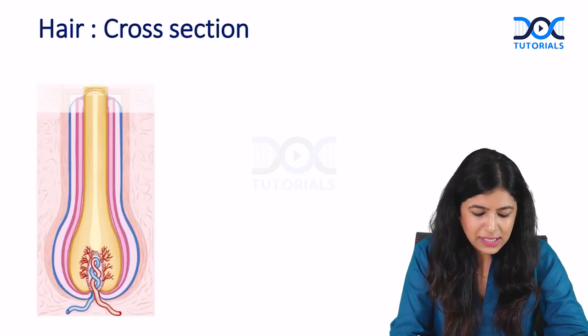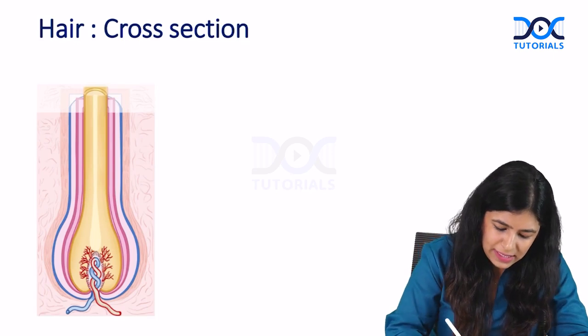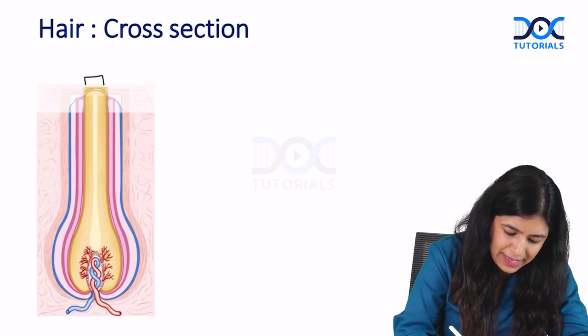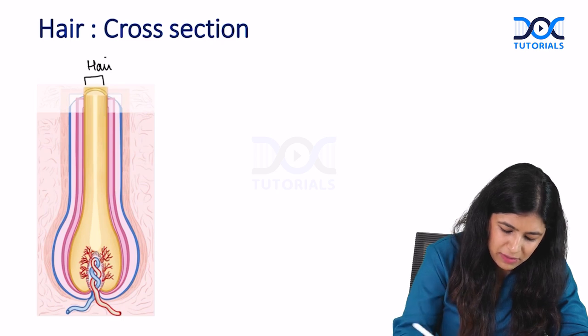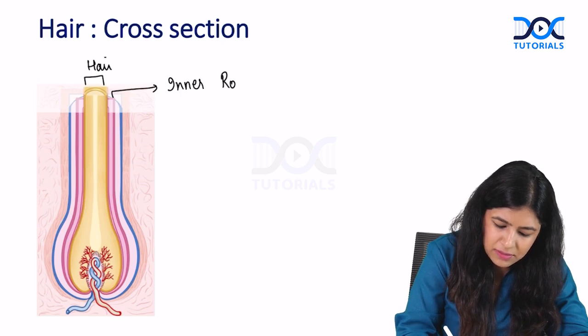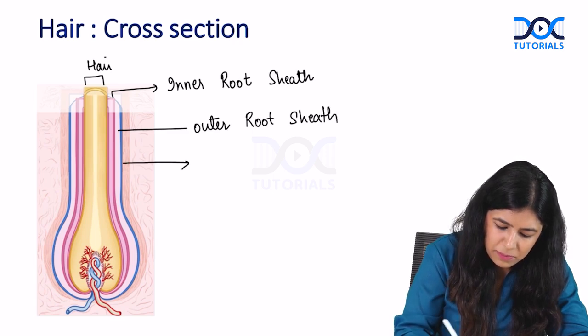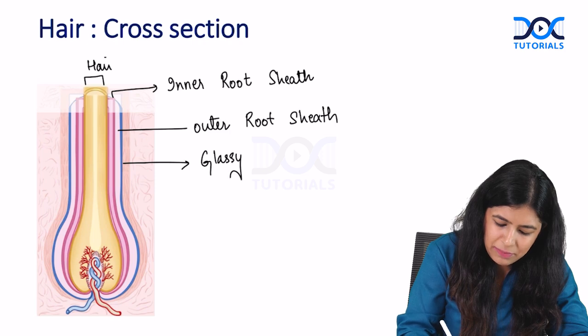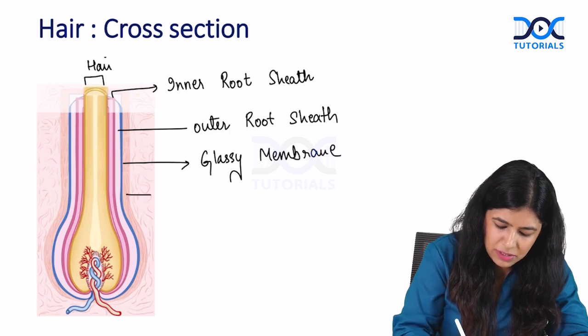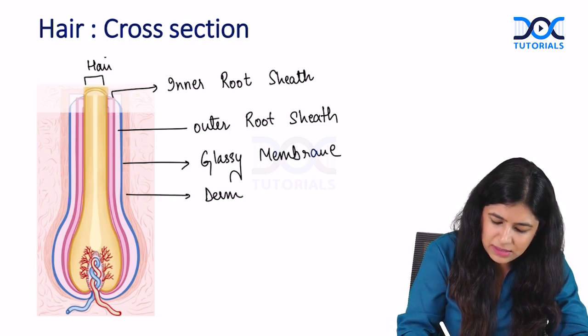Now coming to the cross section of the hair. So when you see the cross section, here is the hair. Outer to the hair is the inner root sheath, and then we have the outer root sheath, which is enveloped by this glassy membrane, also called the hyaline membrane, and surrounded by the dermal or the connective tissue sheath.